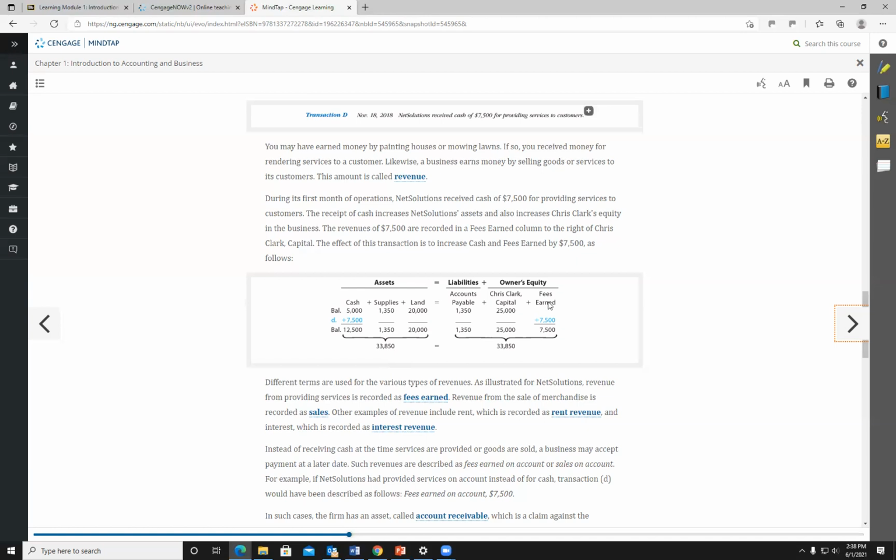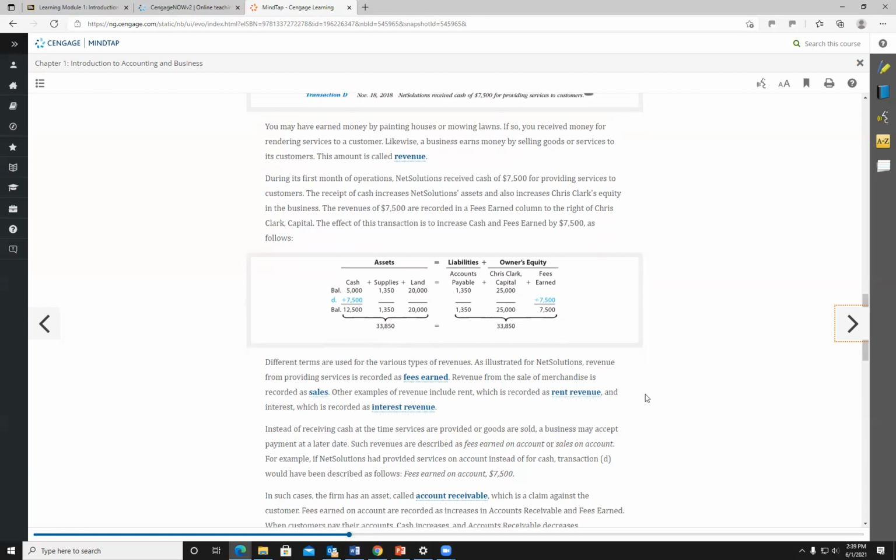Over here, fees earned. Revenue increases owner's equity. So anytime you increase your revenue, you are going to be increasing your owner's equity. And since it's for services rendered, we call it fees earned. So by increasing the owner's equity, we've now balanced the accounting equation.